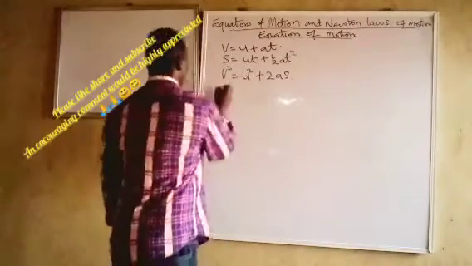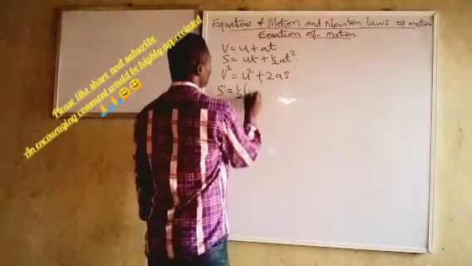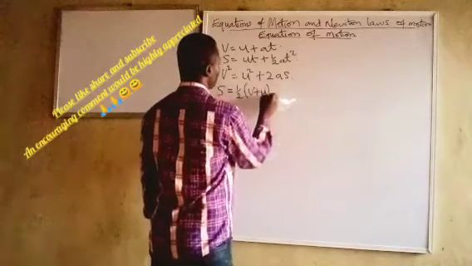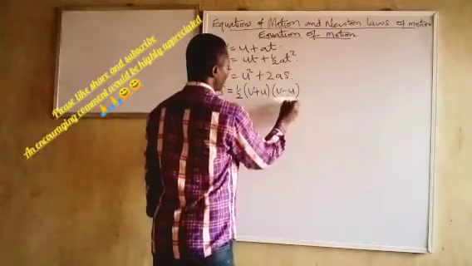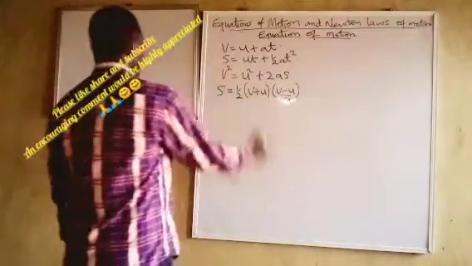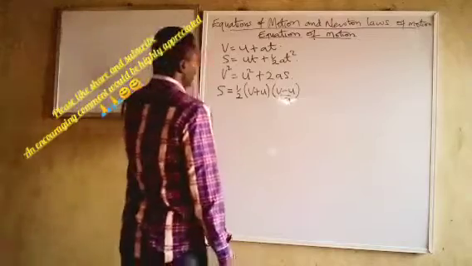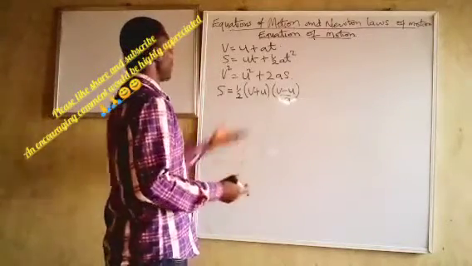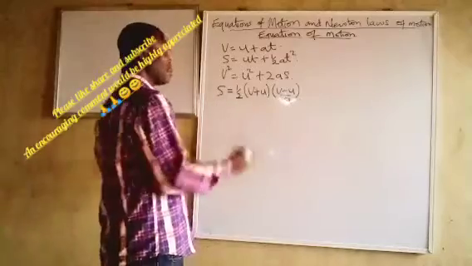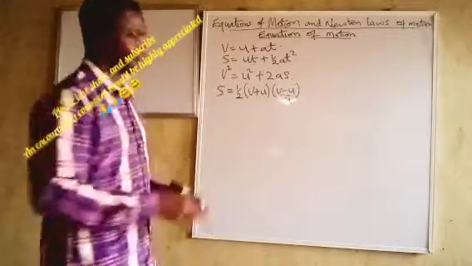We also have this one, S equals to half V plus U into V minus U over A. So with all this, you can solve any problem under this. More so, when you know how to draw the graphs, sometimes this one might be lengthy, might be cumbersome. Just draw the graph and you get your answers.